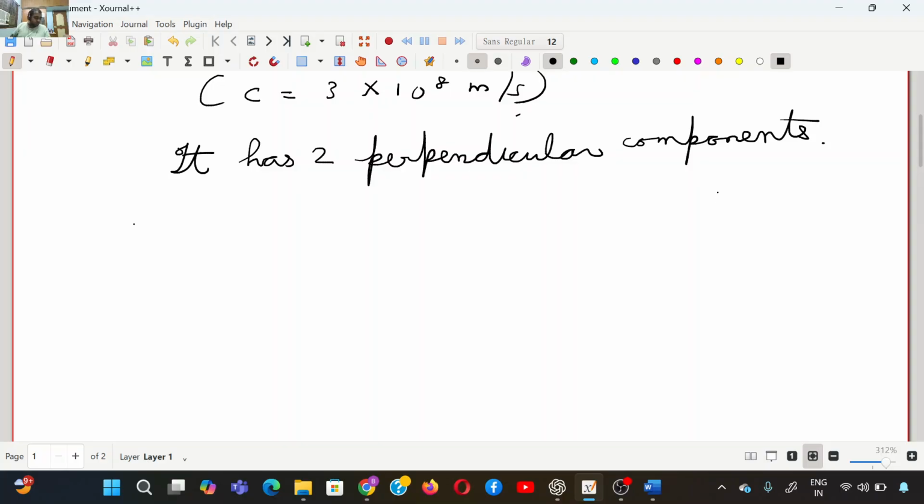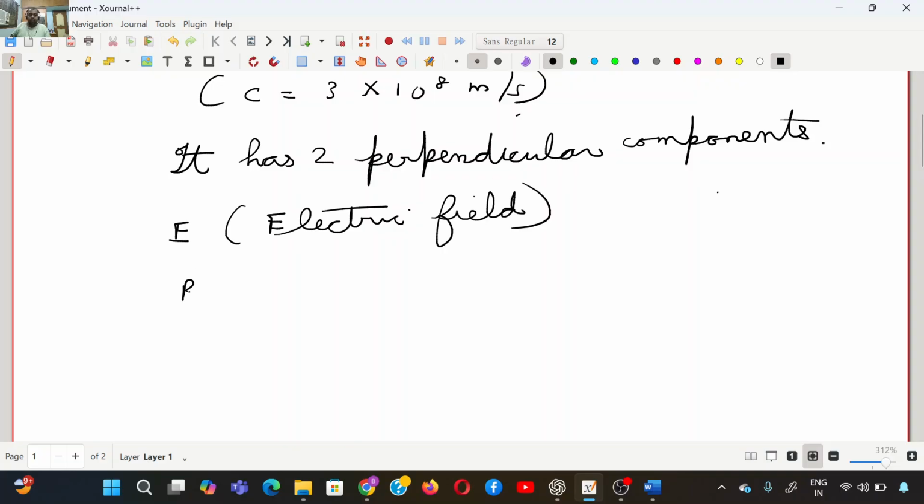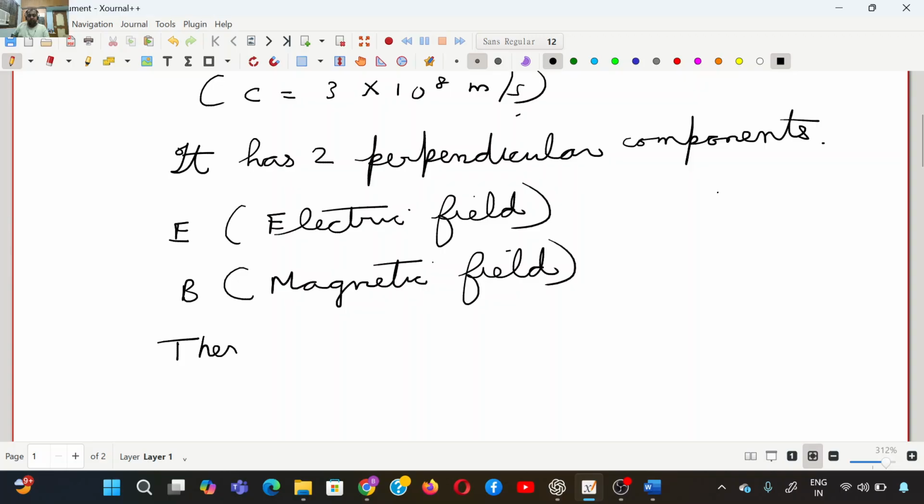Okay. So it has got two perpendicular components. One is the electric field, denoted by E. There is the magnetic field, denoted by B. Let me put it in words, then I will tell you.